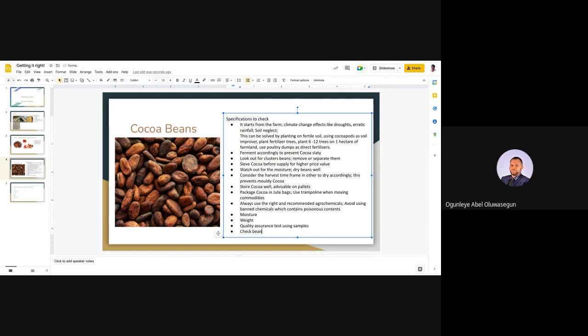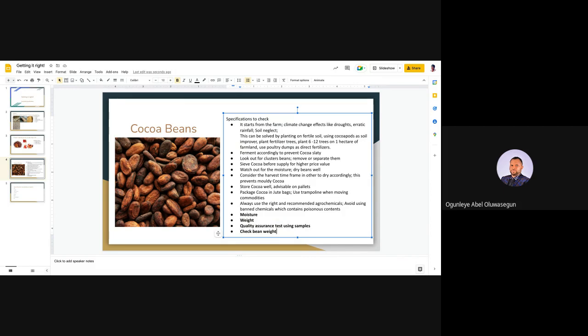Right now, we are in the season of light crop. I think the minimum some buyers are requesting is 265 and above. So if your bean count is not meeting that specification, your cocoa can be rejected. So what am I saying in essence?